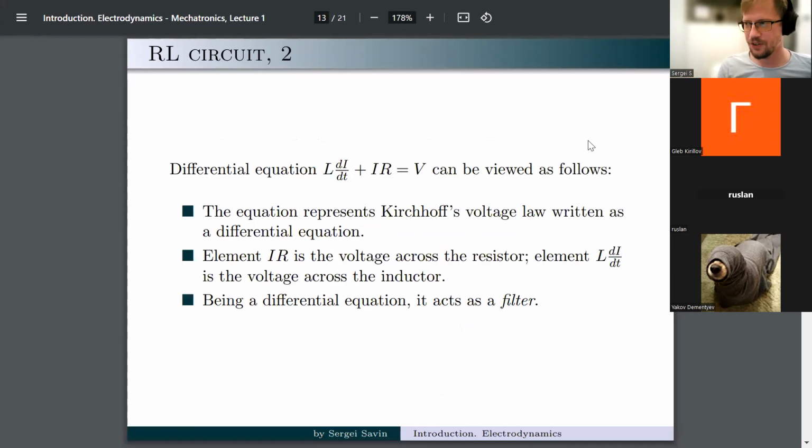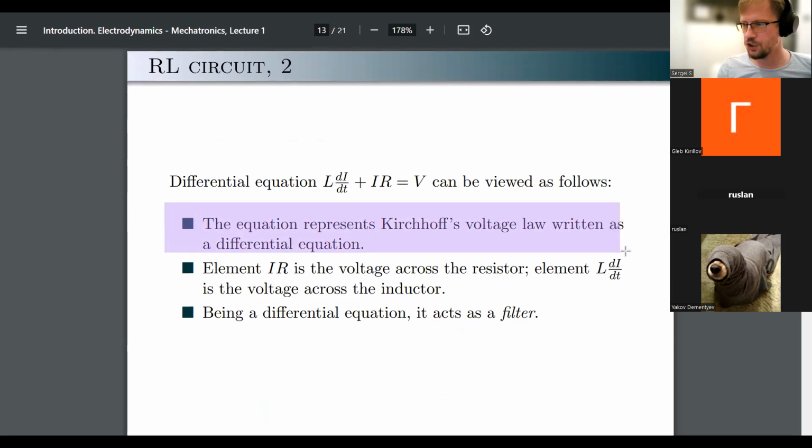So here, before we go on to the next circuit, I just want to emphasize there are a few ways to look at this circuit. First, this is of course Kirchhoff's voltage law.